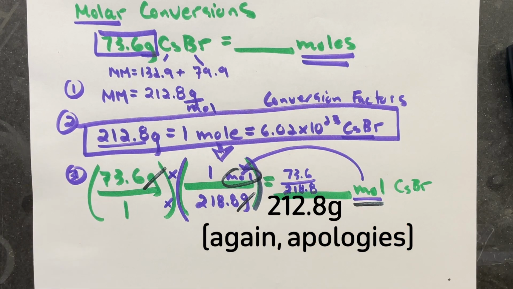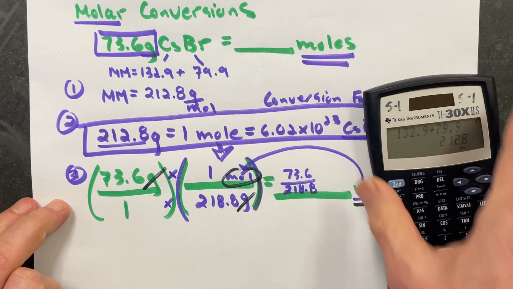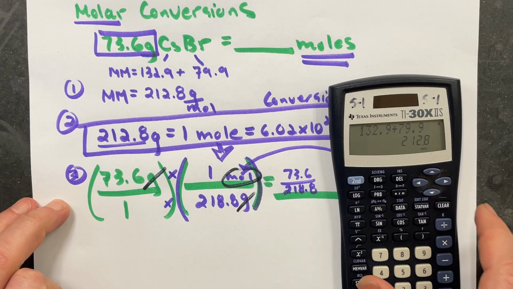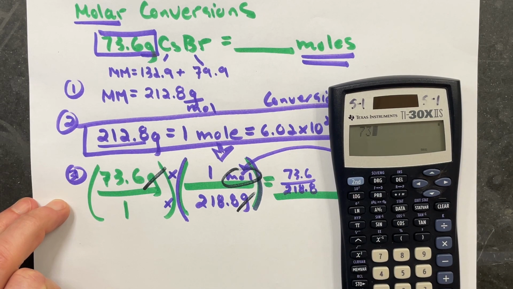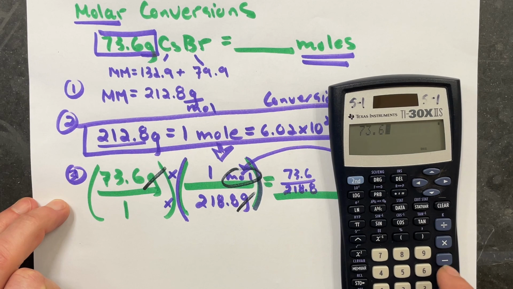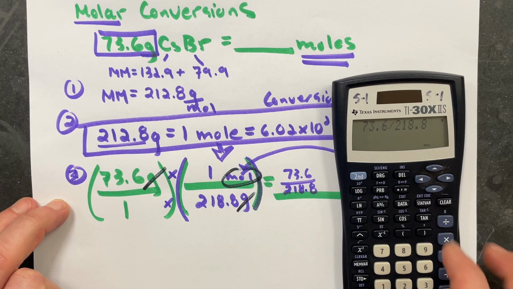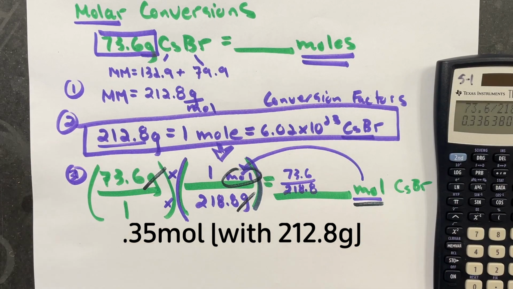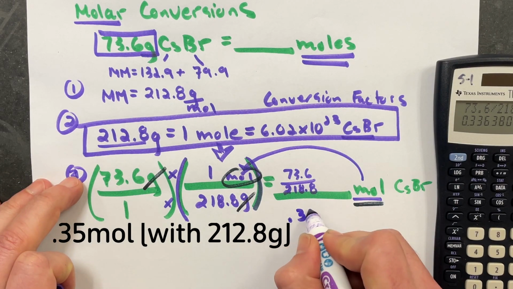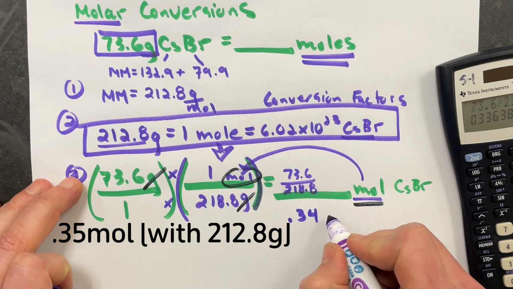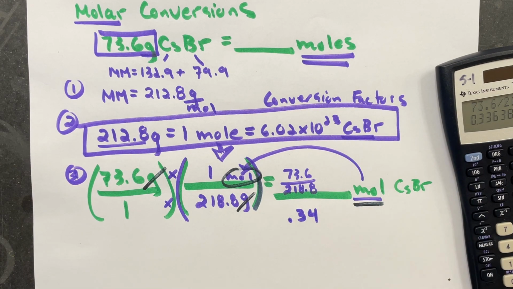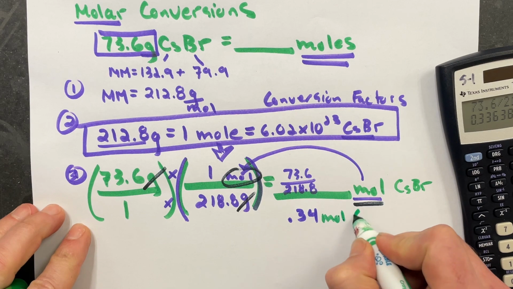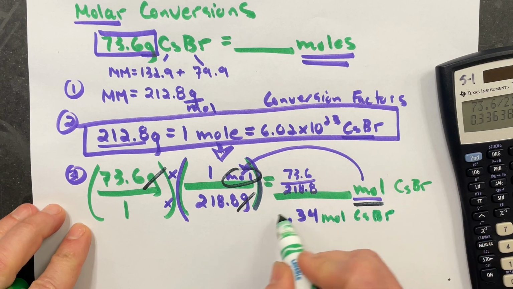And this comes out to, let's plug that in, 73.6 divided by 218.8, 0.336 or 0.34, drop that down here, 0.34 moles was what we were trying to get to, and that's moles of cesium bromide.